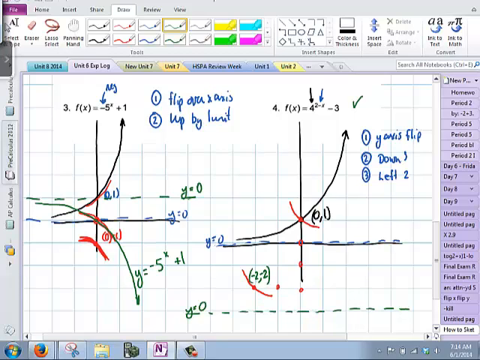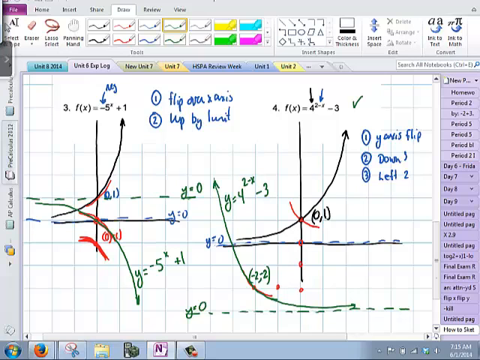So our point has moved from 0, 1 to negative 2, negative 2, and now I can draw my final function, which, remember, since it's a sketch, I'm just worried about making the right type of curvature and showing how the function behaves with the asymptote, and always make sure you write right next to the function what the new function equation is, 4 to the 2 minus x minus 3.